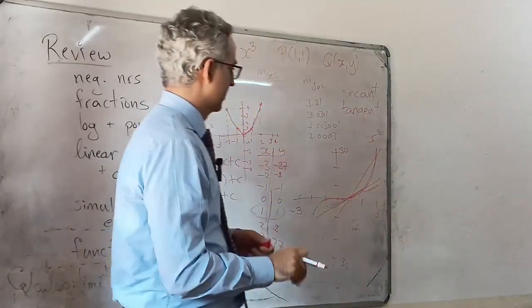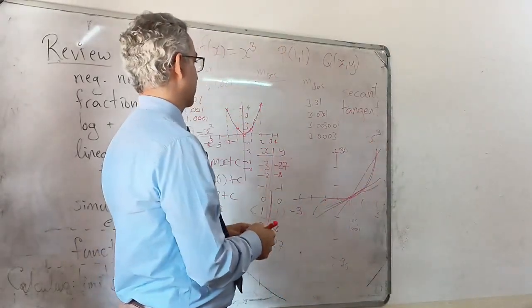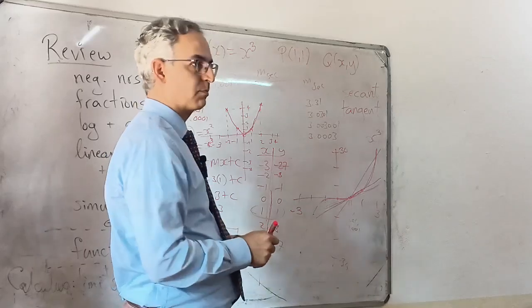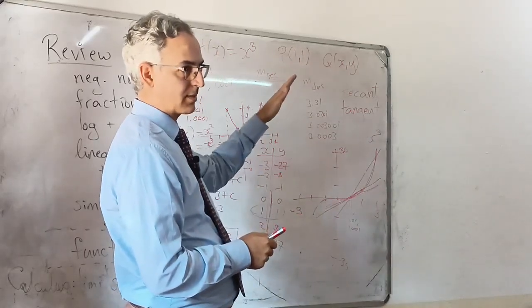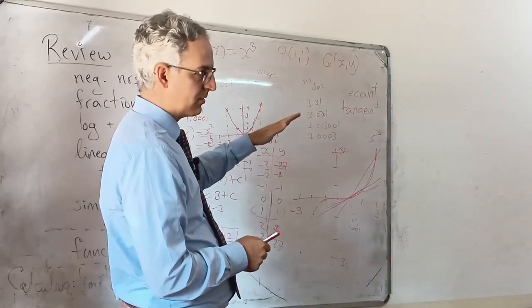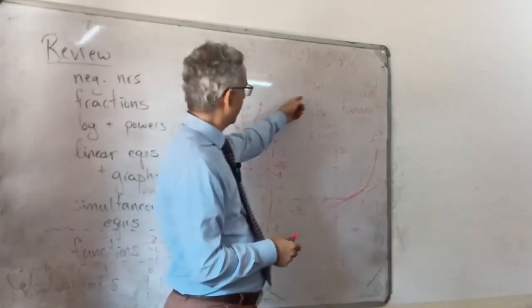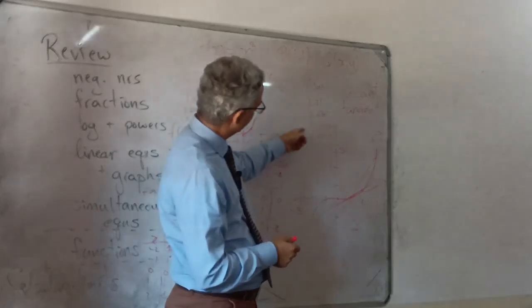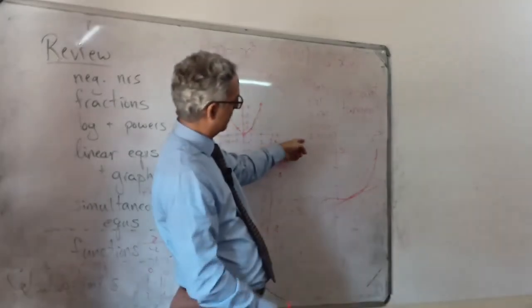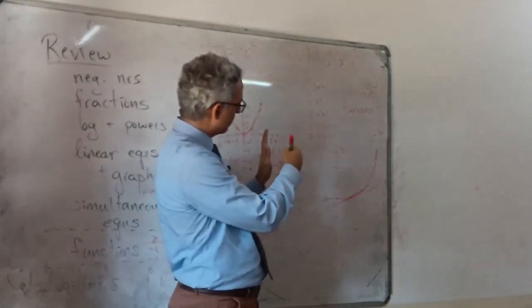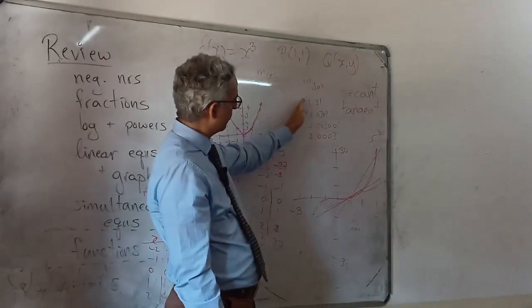So I can't calculate the slope of the tangent, but I can see that the secants can become very close to the tangent. And I can look at the pattern of the slopes and say, if I kept going and got closer and closer, the slopes are approaching a certain number.